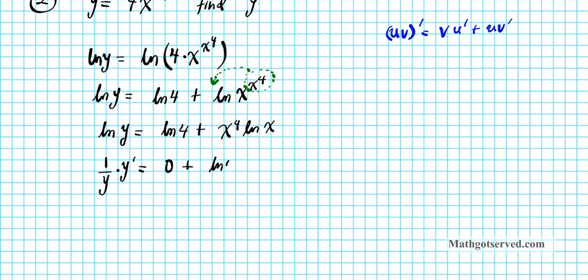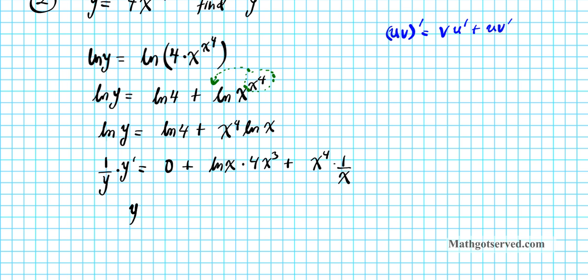So vu prime is going to be 4x to the 3rd, applying the power rule to x to the 4th, times ln x, plus uv prime. U is x to the 4th, sorry about that, and v prime is 1 over x.